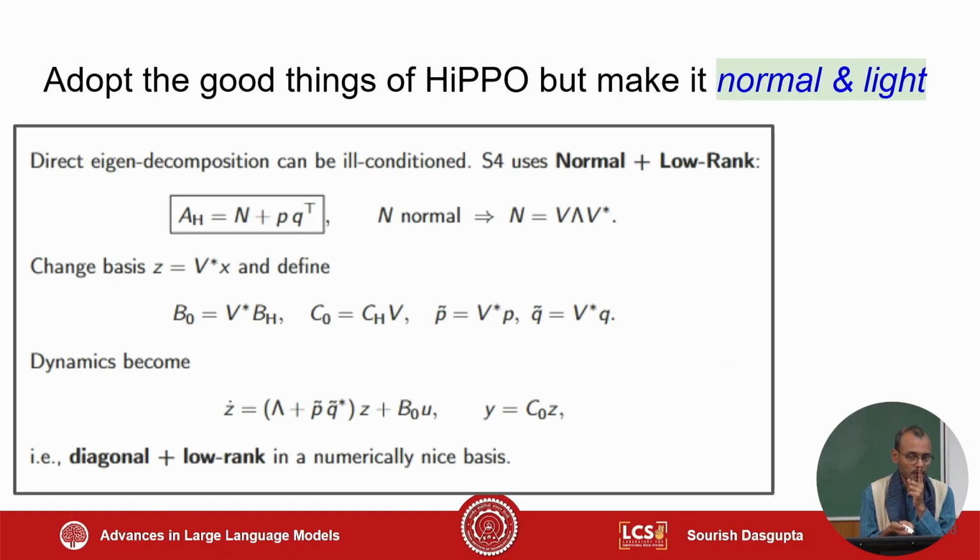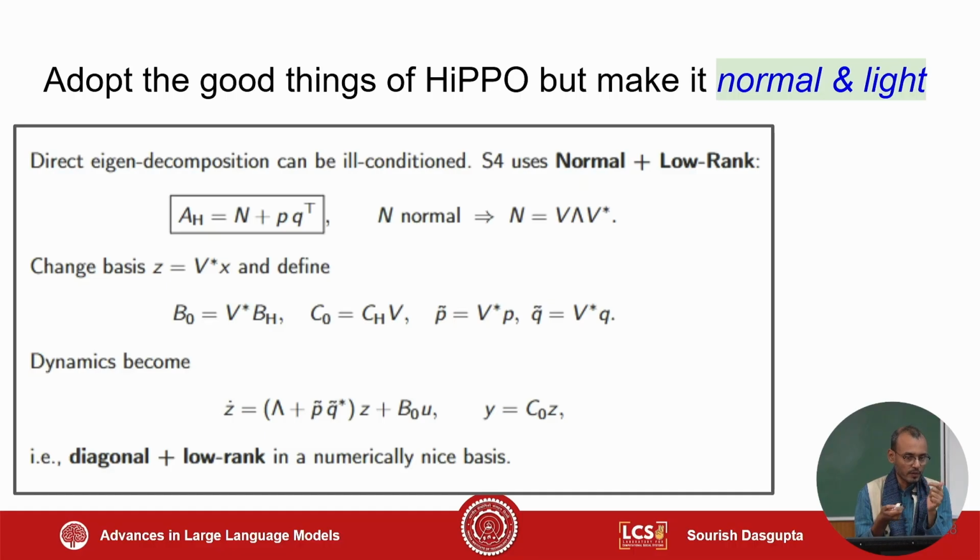And what they did was they said, okay, we will take all the good things of Hippo, which is A Hippo, but we will take the normal form of it, the normalized matrix, where A conjugate transpose A equals A A conjugate transpose, that normal form, and we will add a low rank matrix to that.